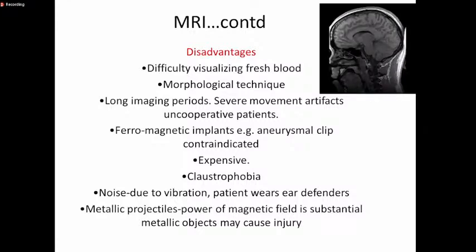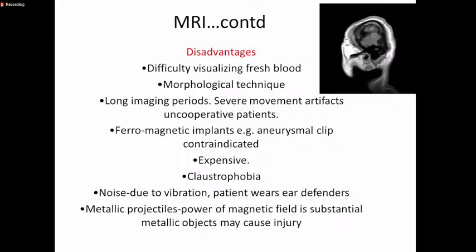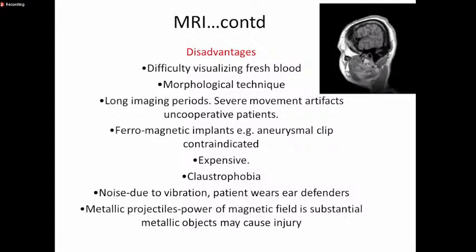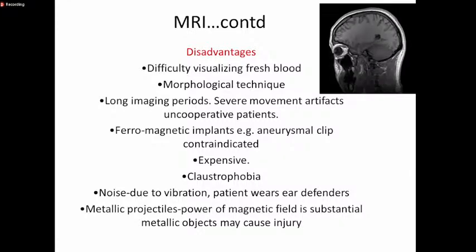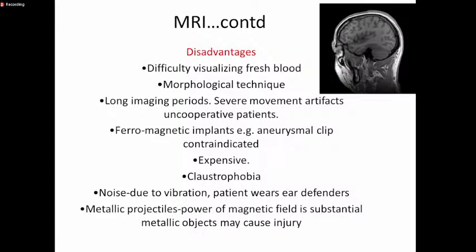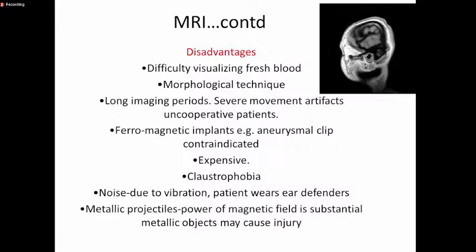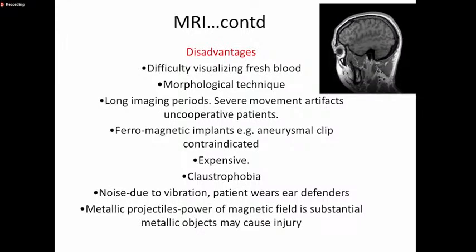Patients who have got ferromagnetic implants, like aneurysmal clips, may be contraindicated for this machine because of the magnetic field. Patients with, say, metallic foreign bodies in the eyes, you may not image because you're going to damage the eye further, and so on. It's fairly expensive.